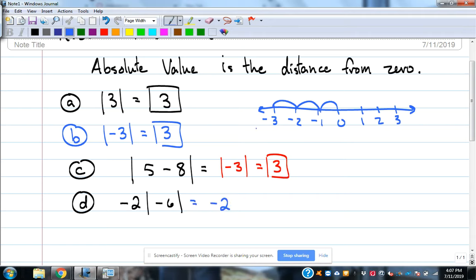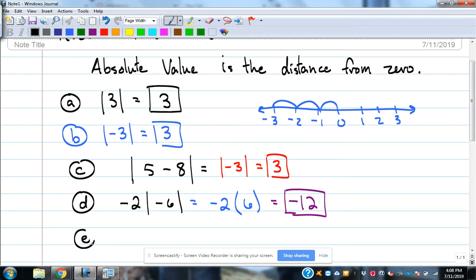So the -2 is just going to hang out, and the absolute value of -6 is 6. And then we multiply -2 times the 6 and get an answer that is -12. You want to work out the absolute value parts first before you work out anything to do with any multiplication or anything outside of there, because the order of operations ranks there.